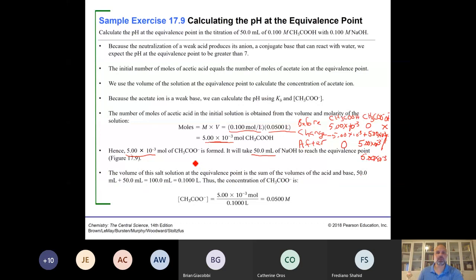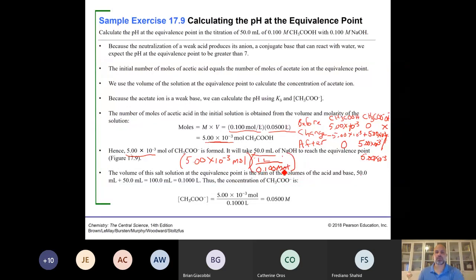If you know you have 5.00 times 10 to the minus 3 moles, we multiply that by the inverse of the concentration, which is going to be 1 liter for every 0.100 moles.